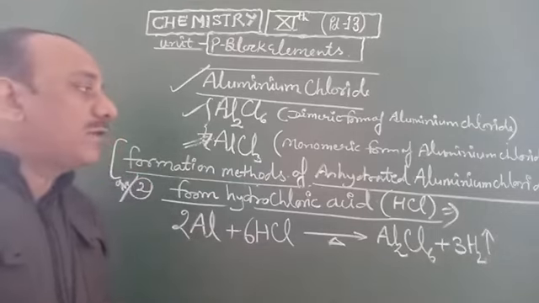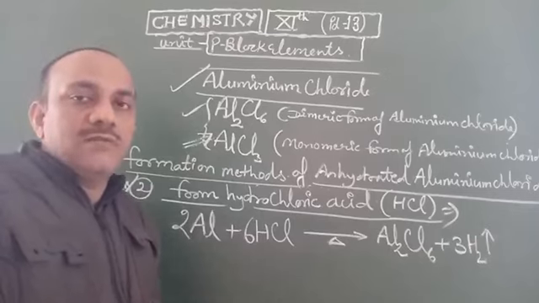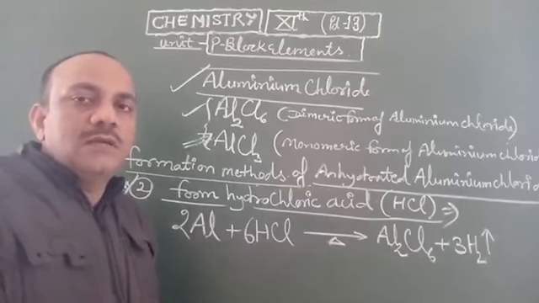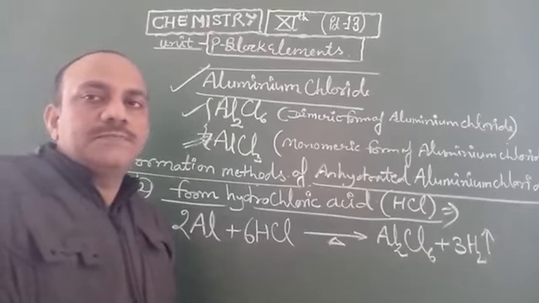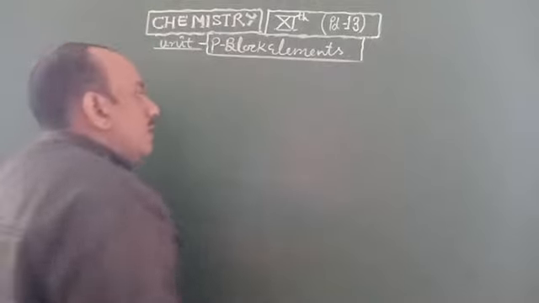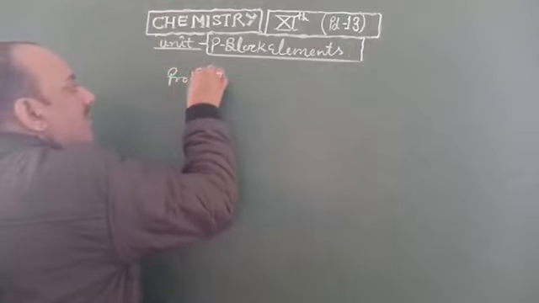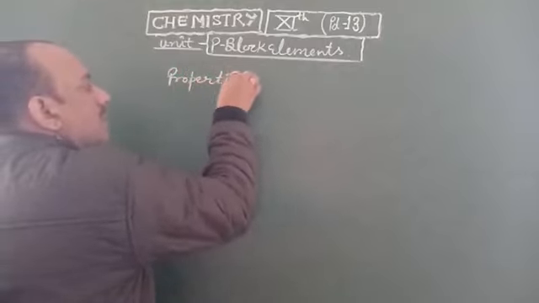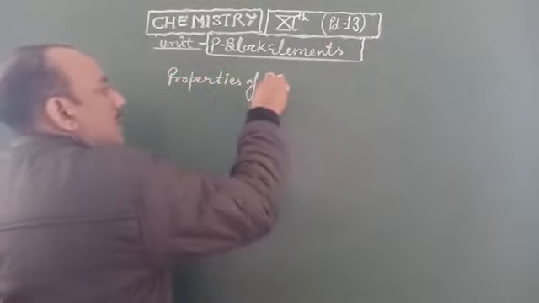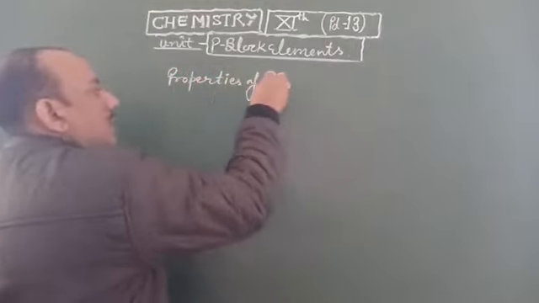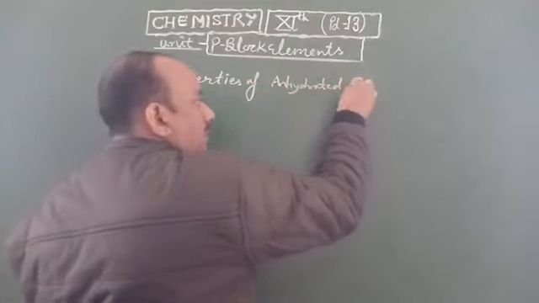Now we discuss their properties. First physical properties, then chemical properties. Properties of aluminium chloride.